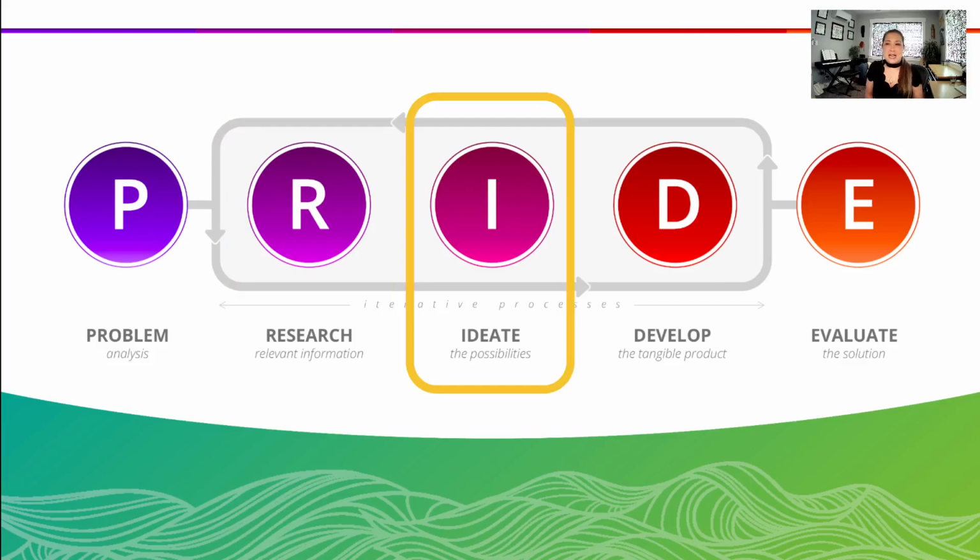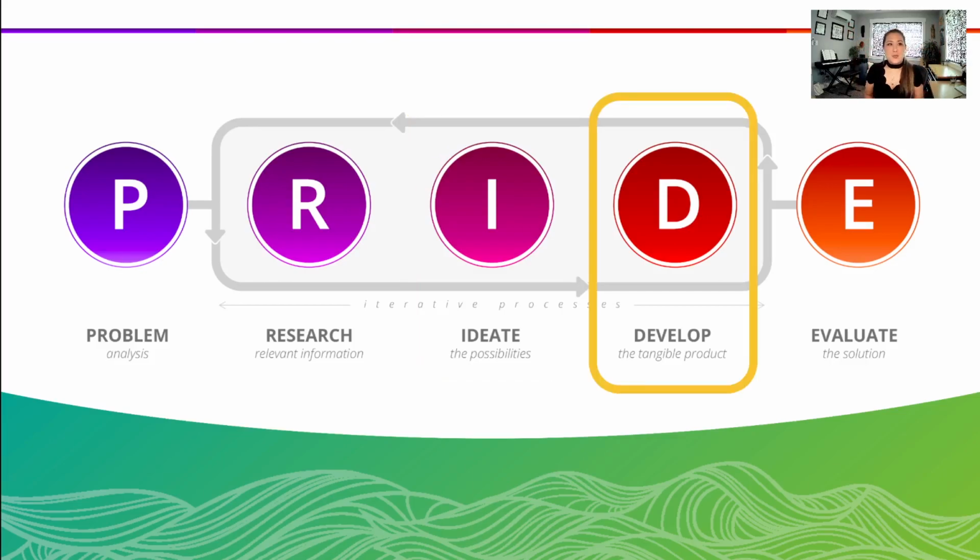The next phase is ideate the possibilities. This is where we brainstorm and sketch and use those different perspectives, and we think, how can we solve this out of the box? If this was just crazy, if anything was possible, how would we put it together? And then we take all those ideas and we consolidate them into workable plans.